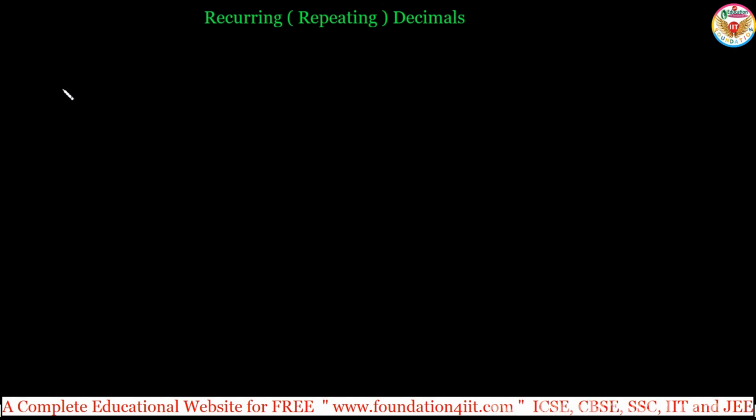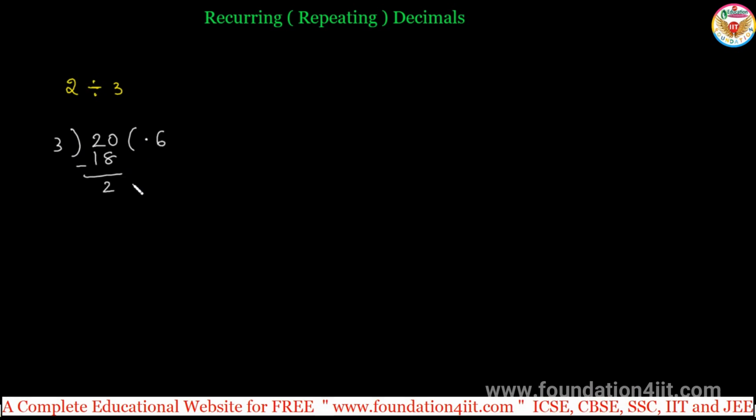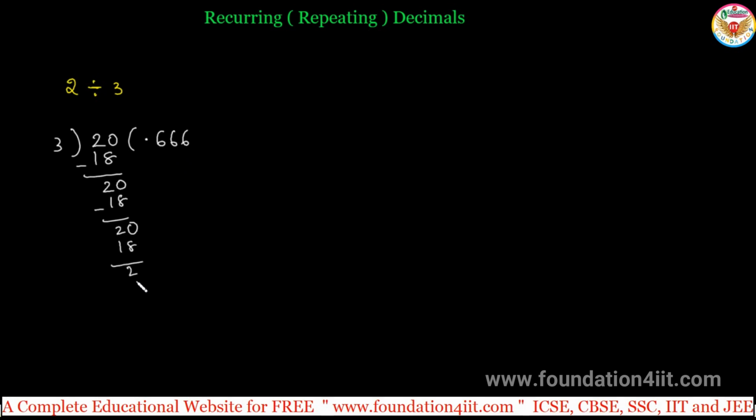For example, 2 divided by 3. 2 is smaller than 3, just keep 0 and point. 3, 6, 18, subtract, 2, put 10. Again 3, 6, 18, subtract this. Again the subtraction is 2. So this also continues.